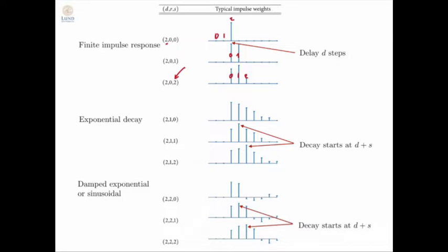For the case of r equal to 1, I will have this exponential decay, as I mentioned, and as you see here, it will start at d plus s, depending on if s is 1, 2, and so forth. Same thing with the exponential decay: you can see I will have this ringing behavior, and it will start at position d plus s. So this is 0, 1, and that is d, and d plus s is this value. That is where it will start.